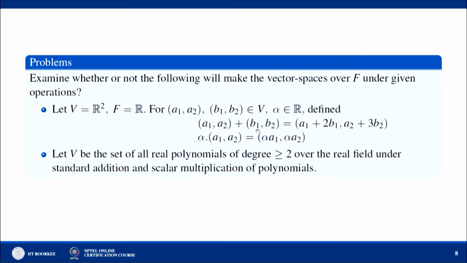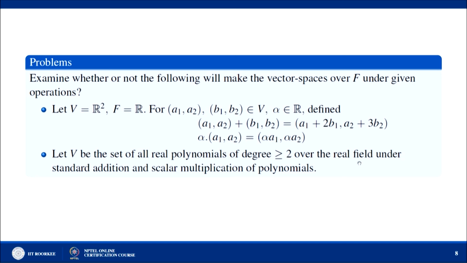So closure with respect to scalar multiplication is not satisfied, which means it will not be a vector space. Similarly, we can easily show that with the scalar multiplication the same, standard one, but a different vector addition, which is simply this, it does not satisfy the associative property. You can easily verify.